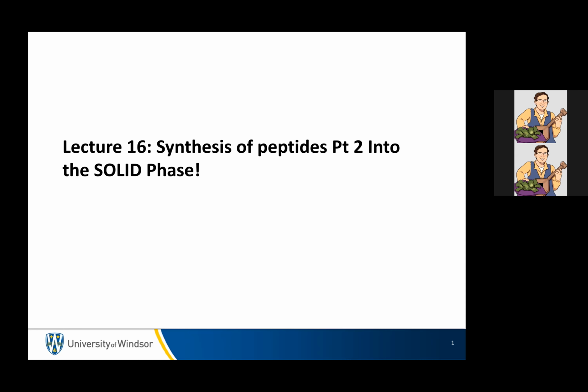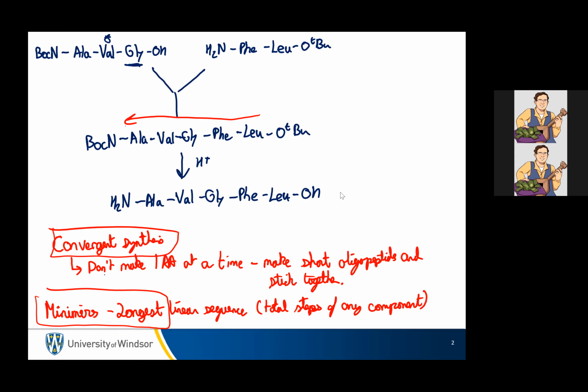The problem is, to get your yields really high, the best way is to use an excess of reagent. And the problem with using an excess of reagent in solution phase is you then need to remove all the excess reagent. So every time you do a coupling, every time you do a deprotection, every single step you take, you need to purify your peptide, because anything you haven't purified can then react in the next step and screw you up.